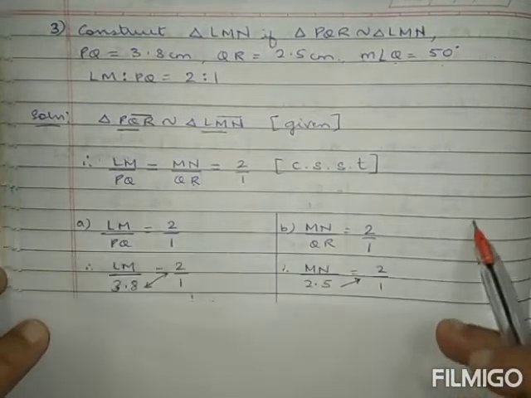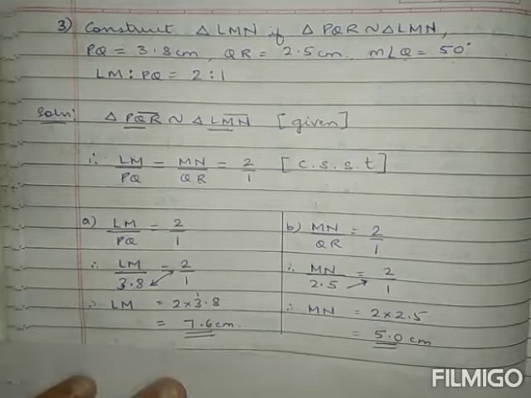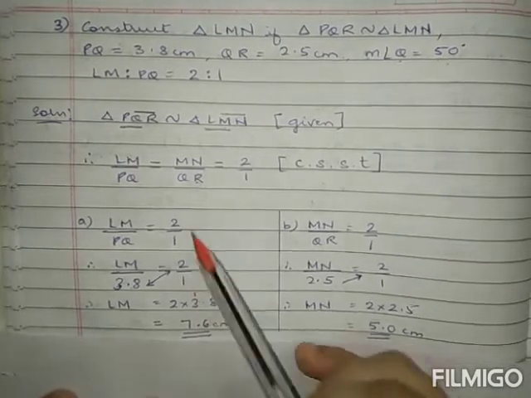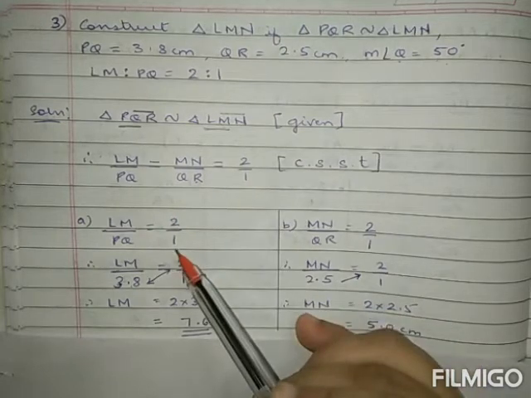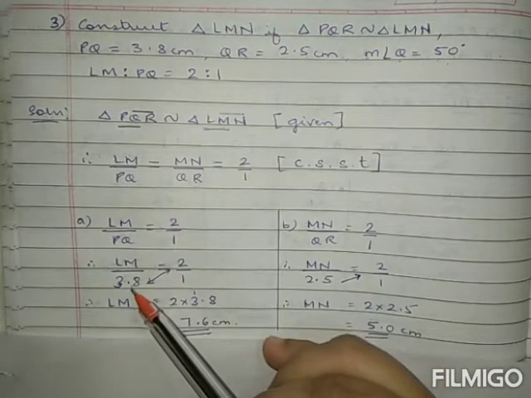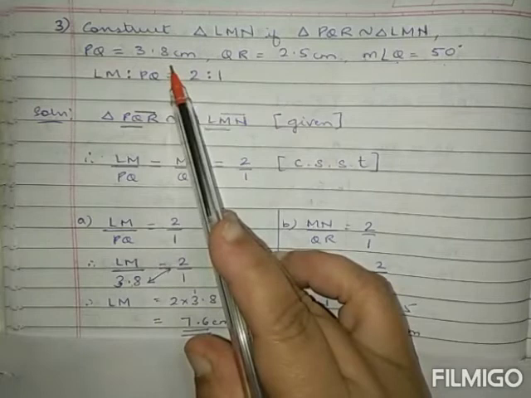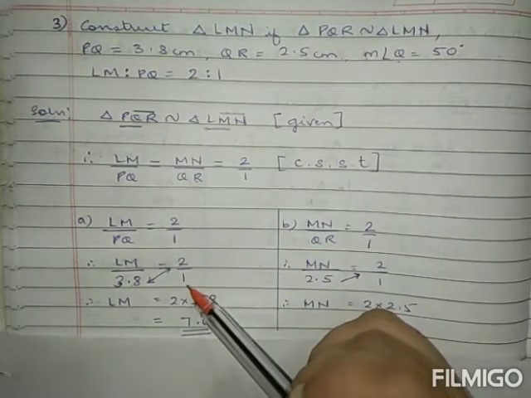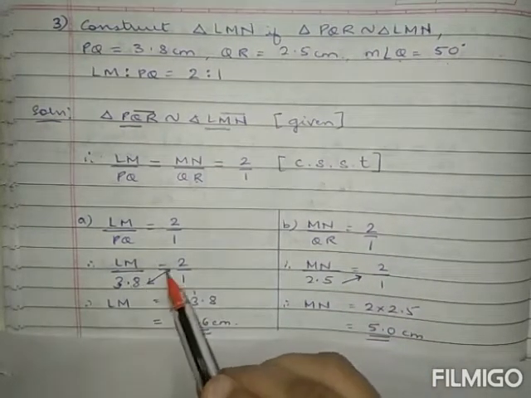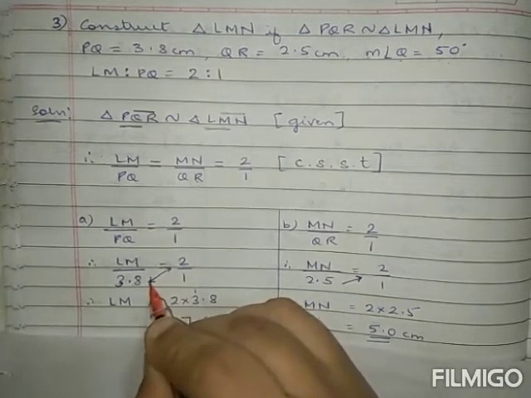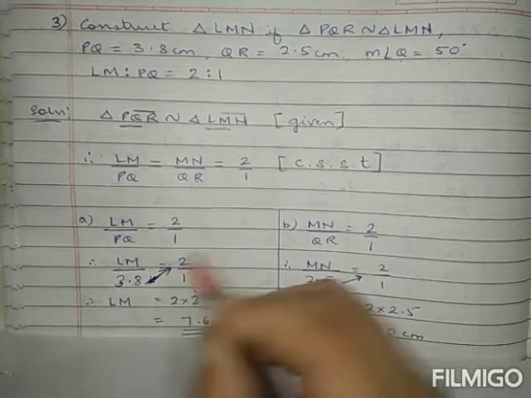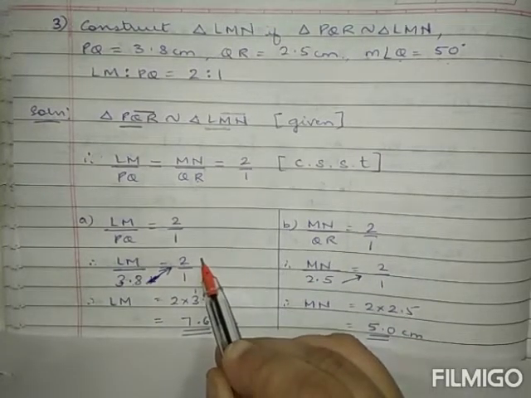Let us substitute. So LM upon PQ is 2 upon 1. We take it here: LM upon PQ, where PQ is 3.8, equals 2 upon 1. PQ shifts over here, that is, it gets multiplied on the other side.